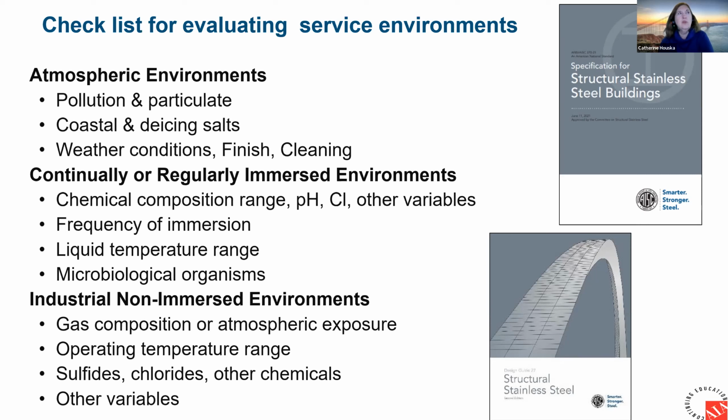Related to that, we also expect the engineer to look at the atmospheric environment to collect information to determine which stainless steel is going to be most appropriate. And there is a table in the commentary that provides some very specific guidance, specifically for atmospheric environments, continually or regularly immersed, and industrial environments, so that you know what questions to ask before you speak to a corrosion specialist.